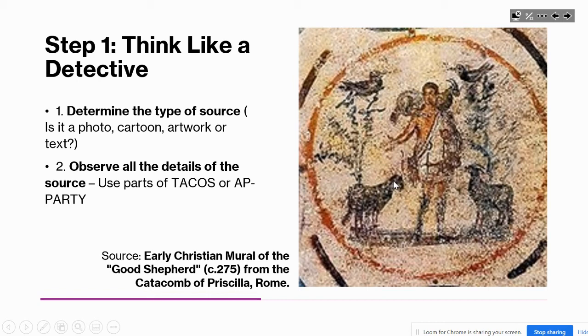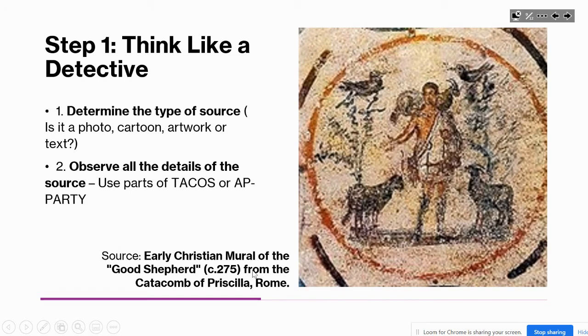So if we had to do this using TACOS, let's take the first part of TACOS, or we could take three parts of TACOS actually. Let's look at time, action, and caption, okay? In this particular artwork, we see that there is information here on the side.